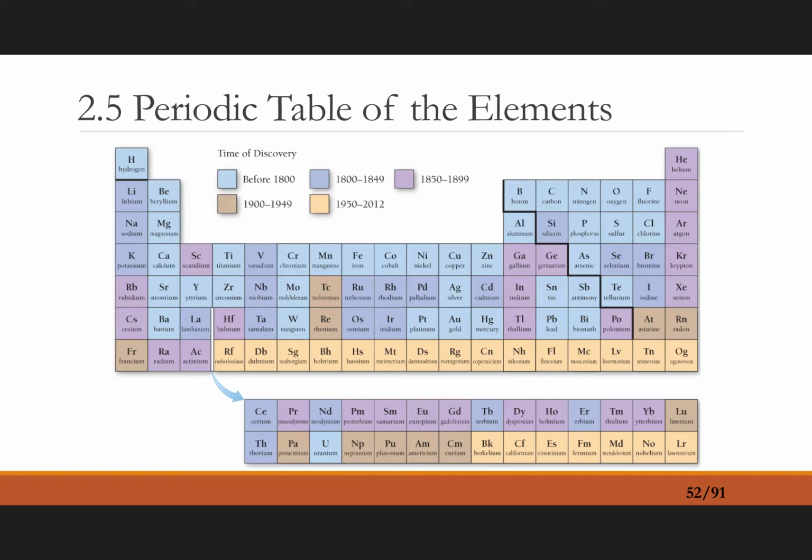And so you can see the current periodic table of the elements here. All the elements are there. All of them are named. There's 118 of them. And you can see when they were discovered: before 1800, then from 1800 to 1849, 1850 to 1899, 1900 to 1949, and then I would say 1950 until current.